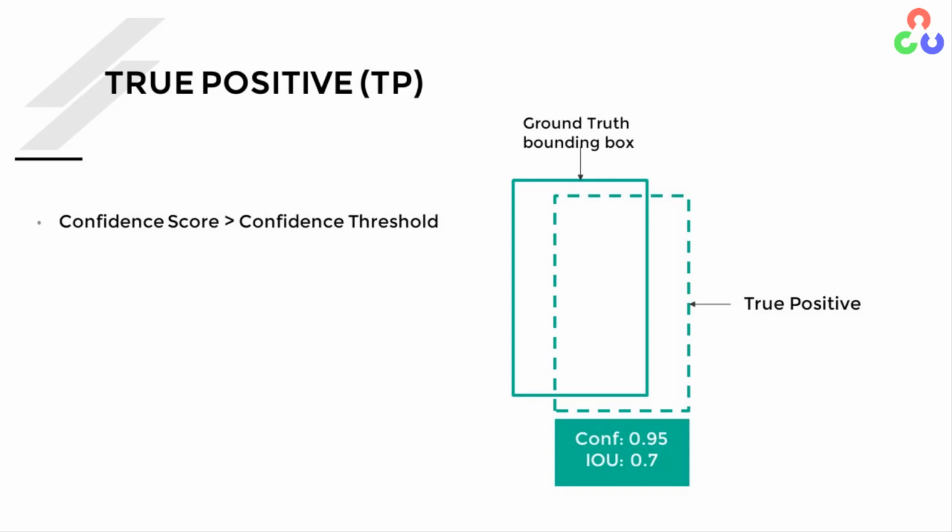Not only that, we also need a good overlap. So the predicted bounding box should have an IOU greater than the IOU threshold with the ground truth bounding box. So those are the two conditions that need to be satisfied. What we are saying is that not only is the object detected, it is detected at the right place.